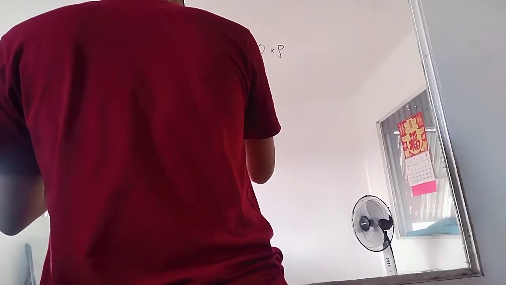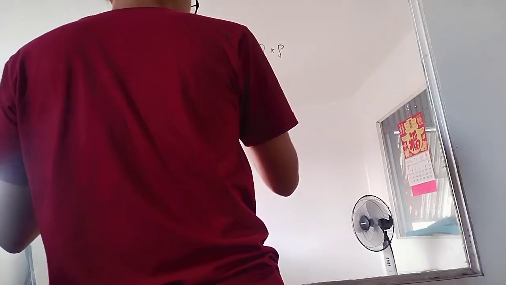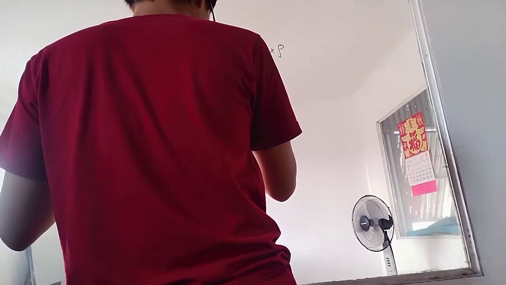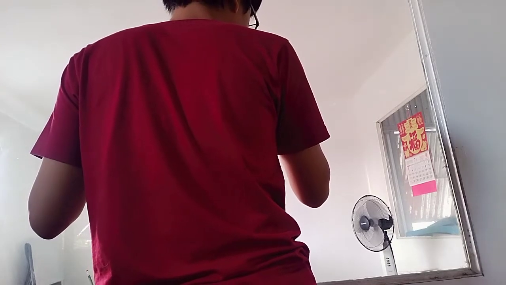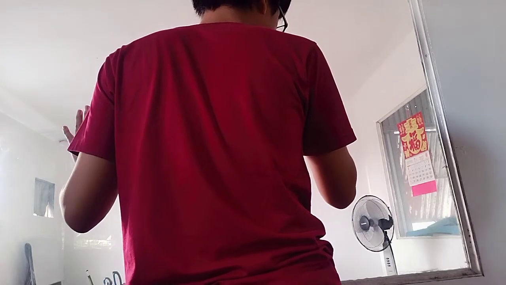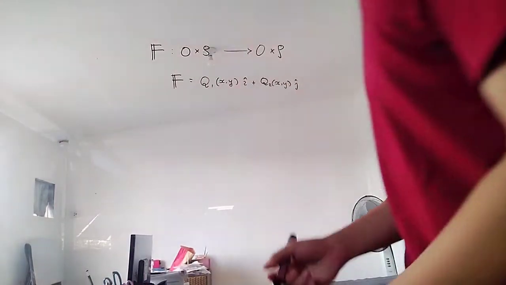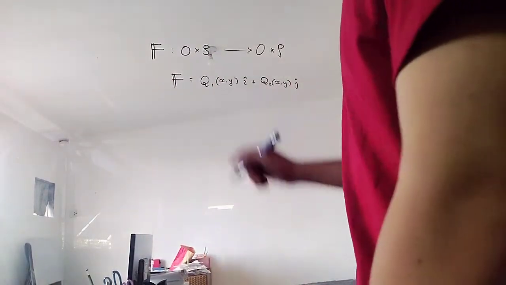We characterize this vector field F as two multivariable functions: Q1 of x, y times i hat plus Q2 of x, y times j hat. So this is our function that generates a vector field.